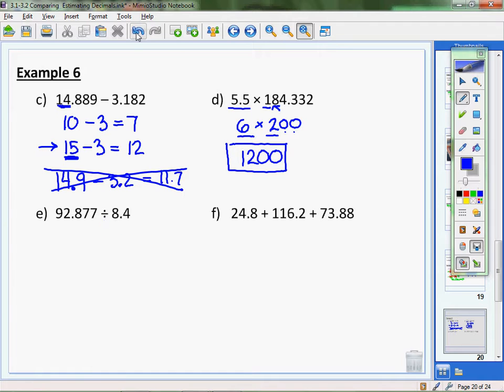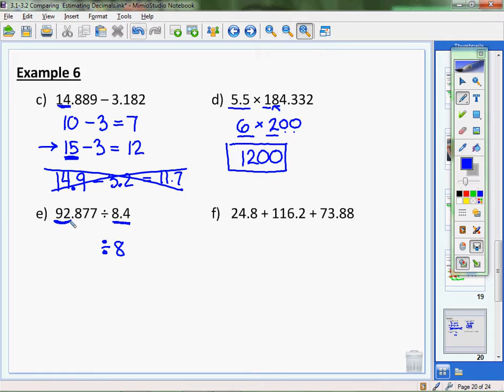And if you remember, I said in division problems it's often best to round the second number first. So if we round that to 8, we are looking for a number that is close to 92 that works well with 8. That might be a little hard for you to think of.